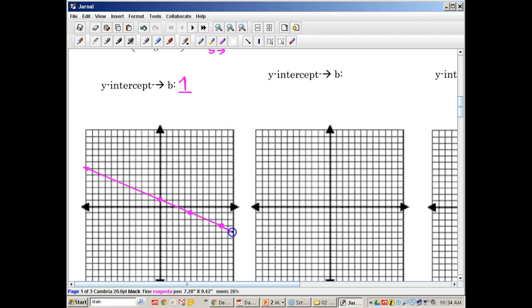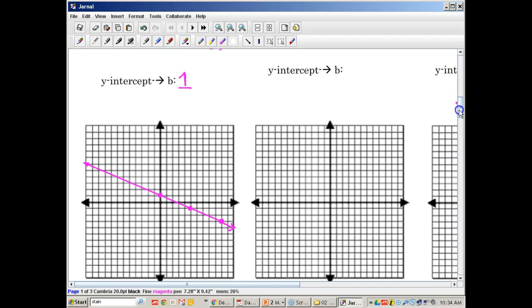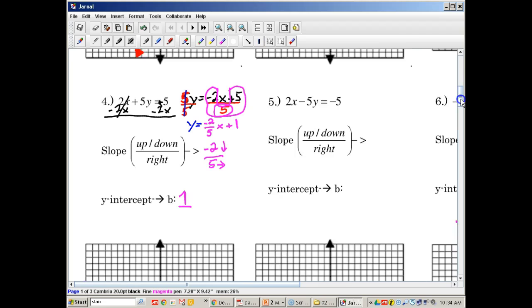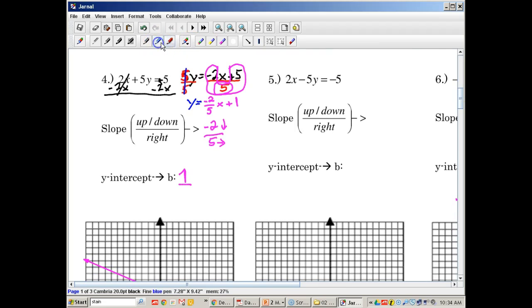If you caught what I just did, I didn't go down 2, I went down 1, right 5. And then when I tried to draw a straight line through it, I couldn't. They didn't line up. So if you find your dots are not lining up and you can't draw a straight line through them, it means you counted your squares wrong, which again happens when you're in a hurry, going too fast.